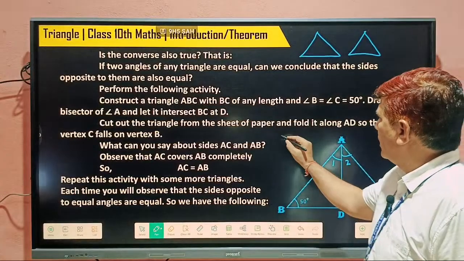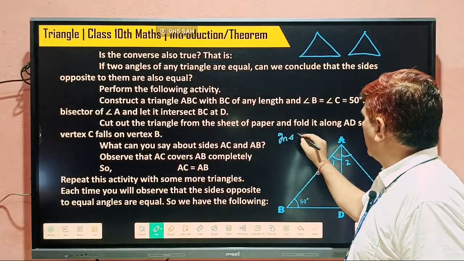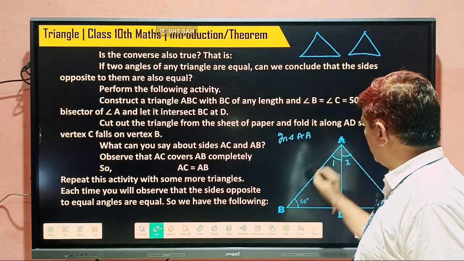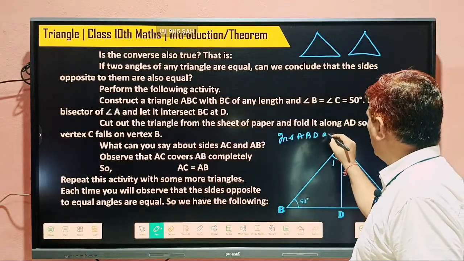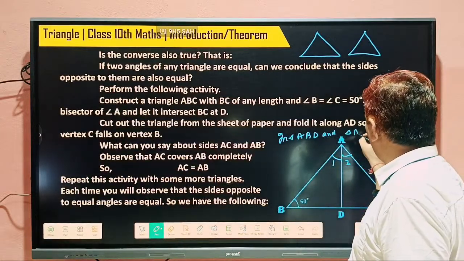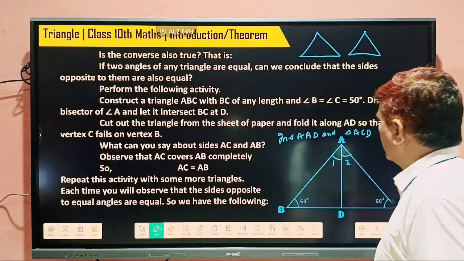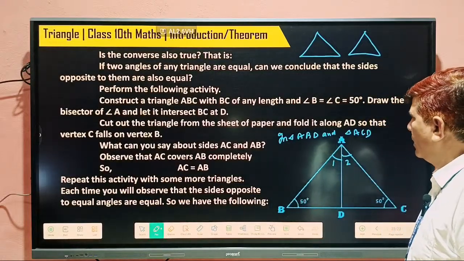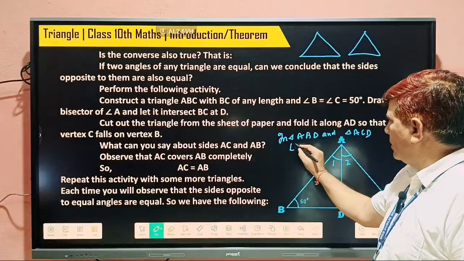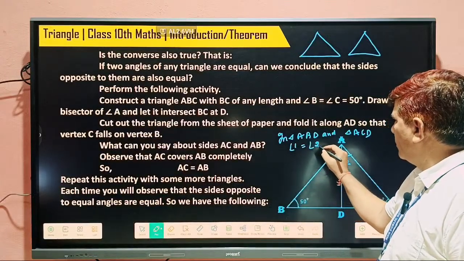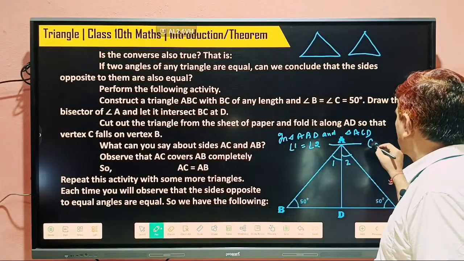So what can we say? In triangle ABD and triangle ACD, angle 1 equals angle 2 by construction.